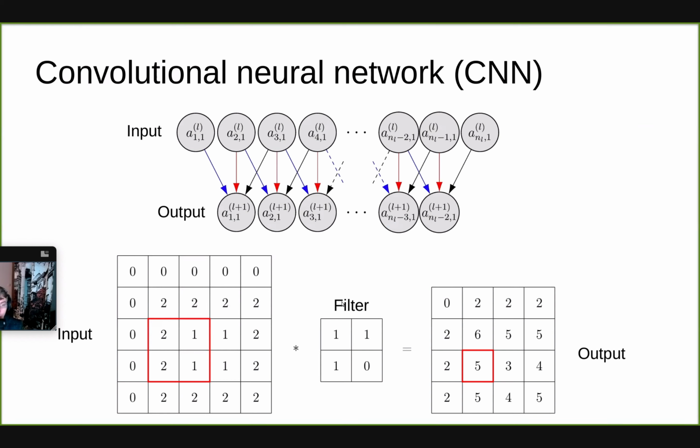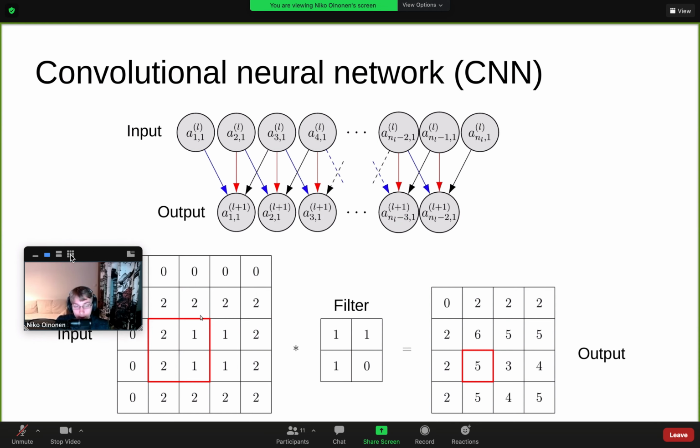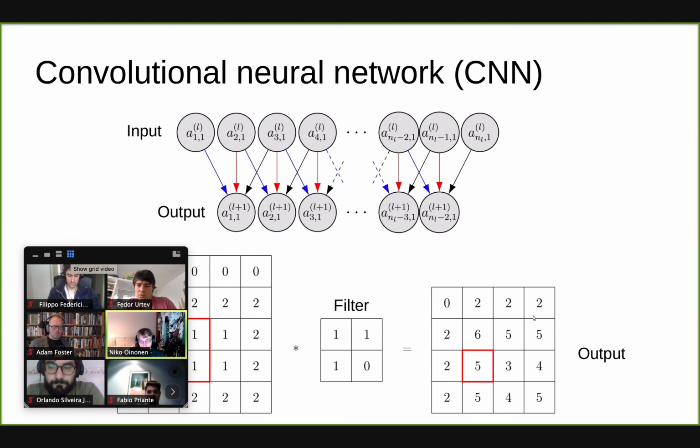Then in the 2D case, which would be like images, you can think that your filter is like a small image that you slide across the input, so that at each position you take the corresponding elements in this grid, multiply them together and then take the sum, so that you get some kind of transformed image from the convolutional operation.